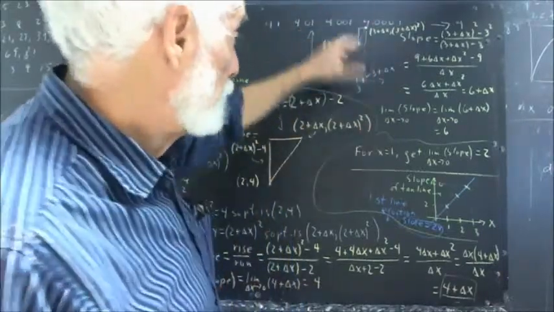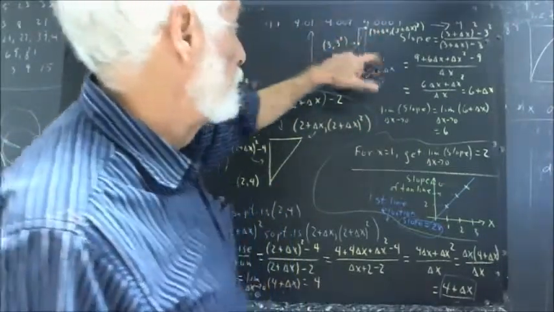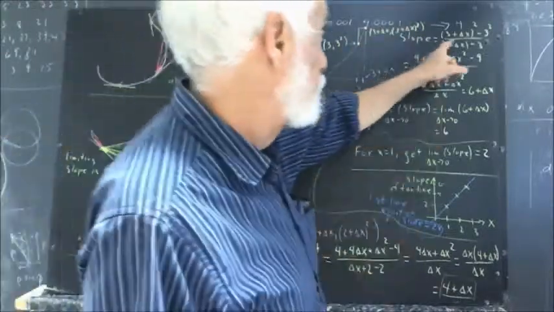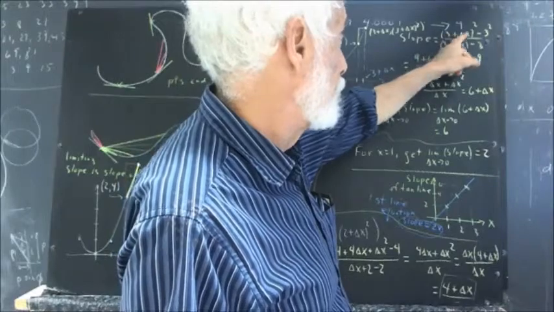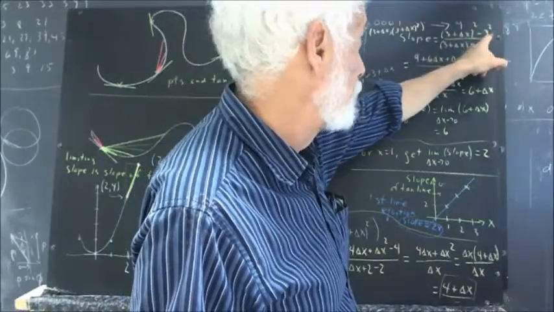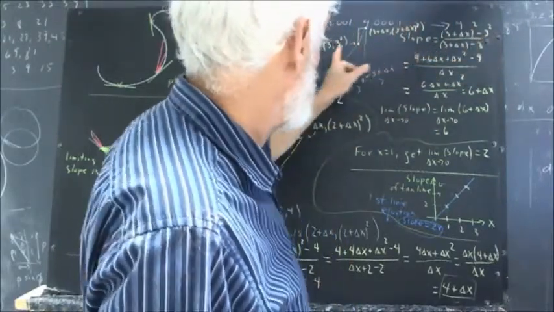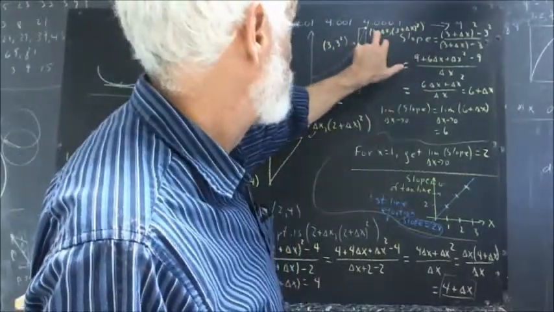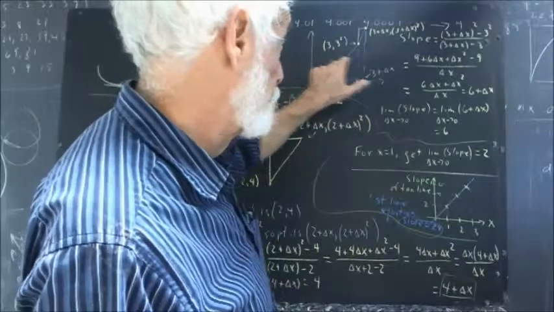Chalk's a little wide here, might be a little hard to read, but that's exactly what it is. So the slope is going to be quantity 3 plus delta x squared minus 3 squared. That's the rise from this y coordinate to this one. And the run is going to be 3 plus delta x, the x coordinate here, minus 3.